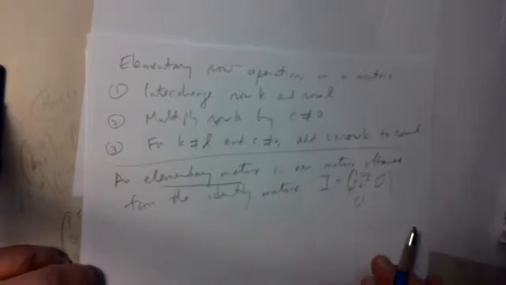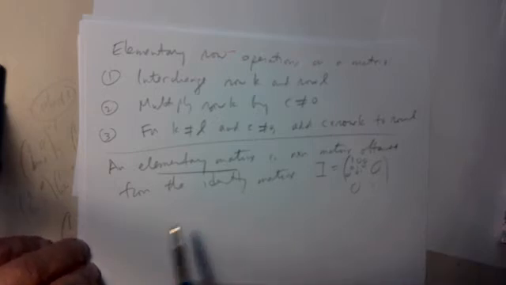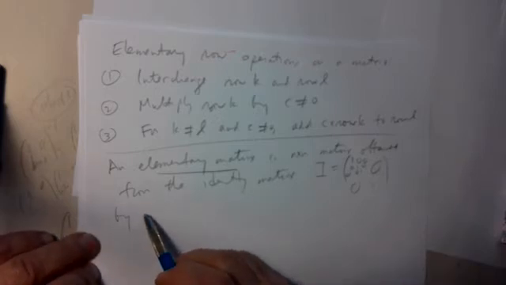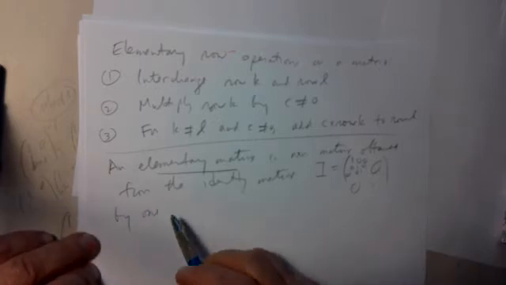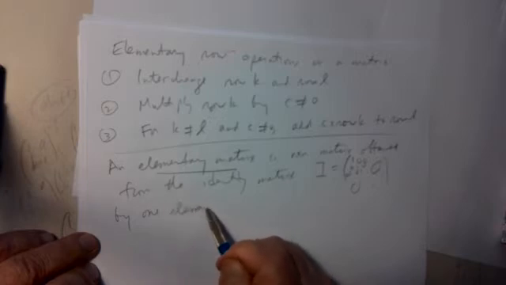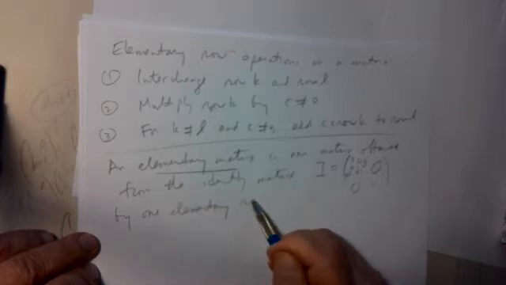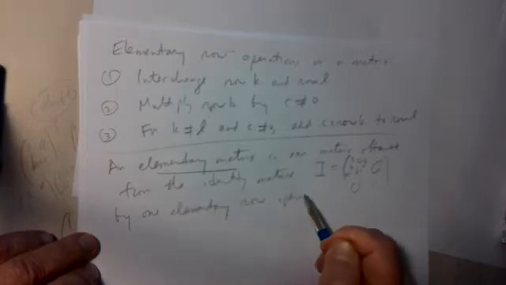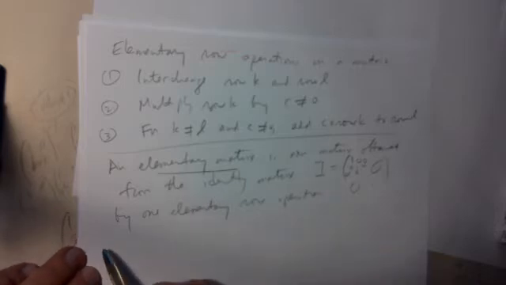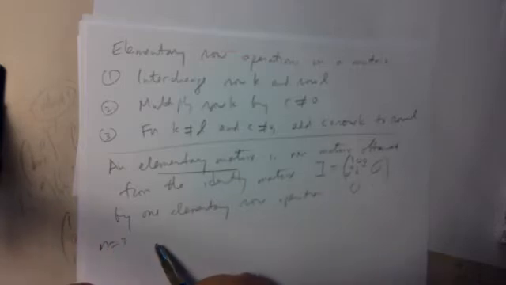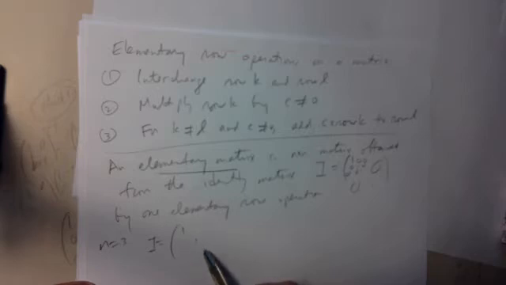So an elementary matrix is a matrix that you get from the identity matrix by performing one elementary row operation. So for example, for n equal 3, the identity is 1, 1, 1 down the main diagonal, and the other 6 coordinates are 0.